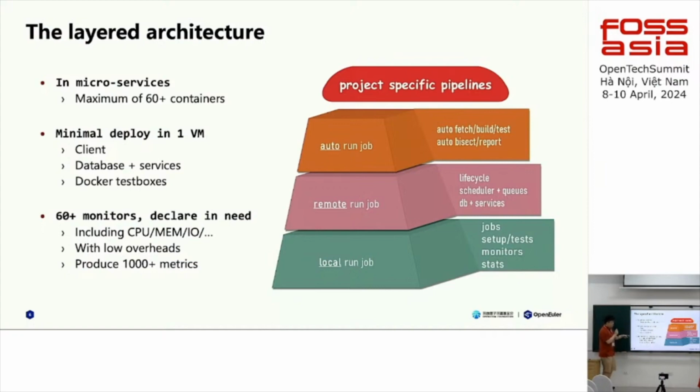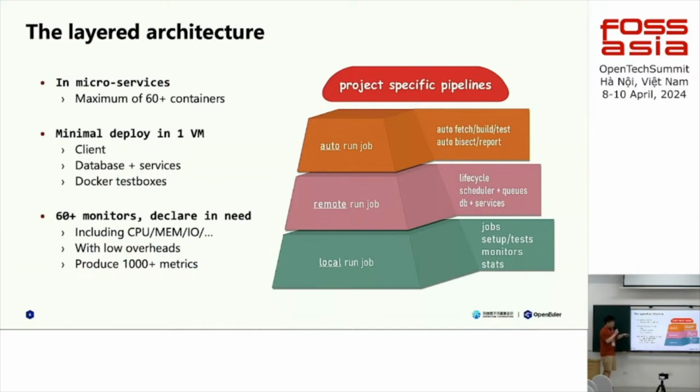For the bottom one, the local run job layer is about some setup scripts, some monitor scripts like the memory info monitor, the CPU info monitor, etc., and the statistics script and the run job script, which run your test or build program.